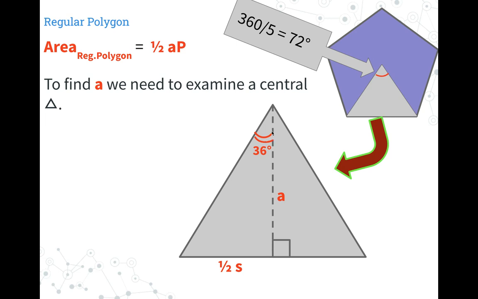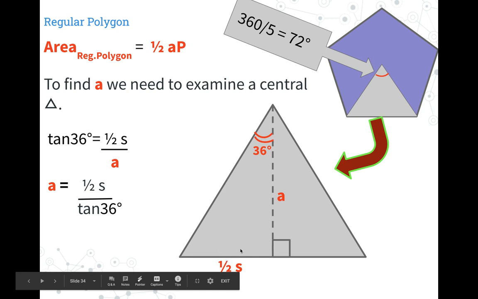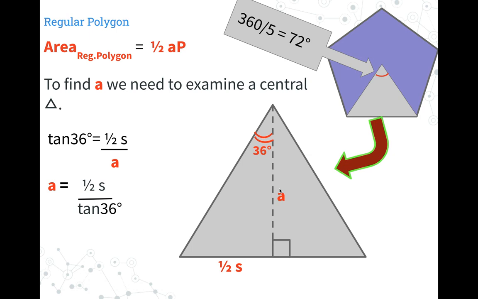So how are we going to find how long a is? Well, we're simply going to use some right triangle trig. So from the perspective of this angle, 36 degrees, this is the opposite side and this is the adjacent side. So we know SOHCAHTOA, TOA, tangent is just opposite over adjacent.